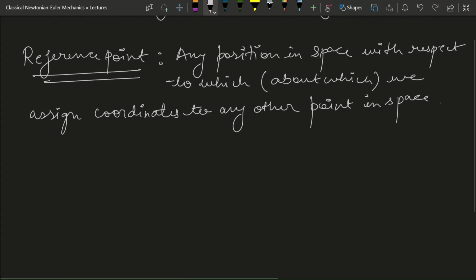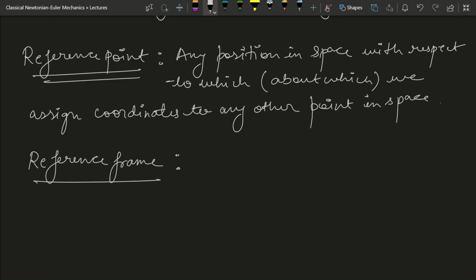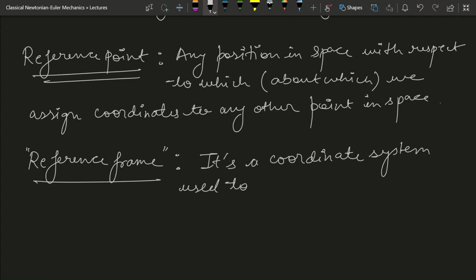Okay. And what is reference frame? It is a coordinate system. So reference frame is actually a mathematical way used to assign coordinates.